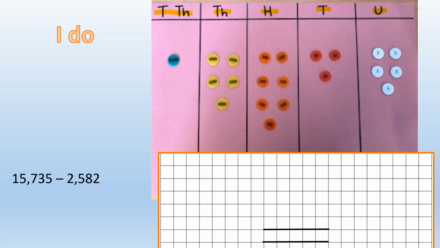I have 5 units. So I'm now going to set out the problem, remembering to line my digits up according to their place value and remembering to put 1 digit in each box. 15,735, subtract.